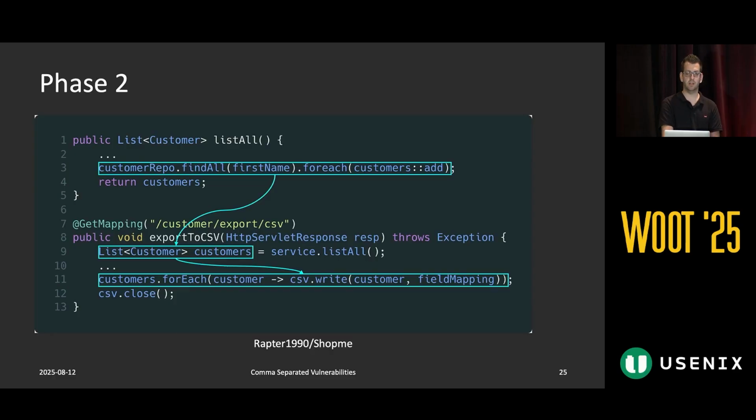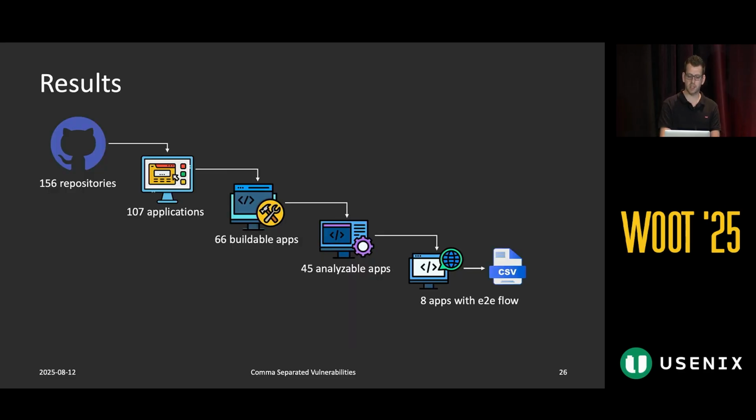So to evaluate if we can find such flows automatically, we've done a study and therefore searched on GitHub for user repositories containing Java applications that use a CSV library to maintain CSV functionality. So we searched for Apache Commons CSV, FastCSV, OpenCSV, and Super CSV, and found 156 repositories.